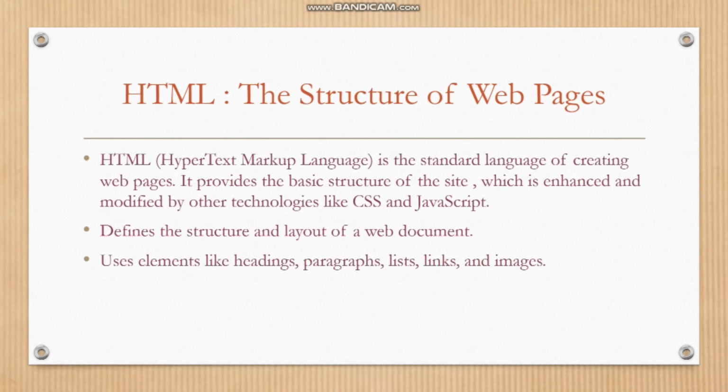What is HTML? HTML is basically the structure of web pages. HTML stands for Hypertext Markup Language. It is a standard language for creating web pages. It provides the structure of a website, which is enhanced and modified by other technologies like CSS and JavaScript.